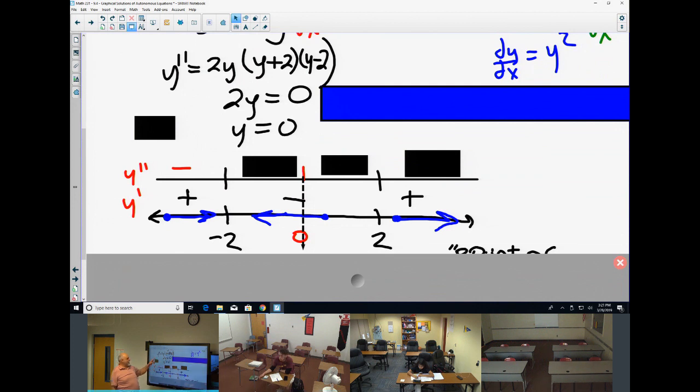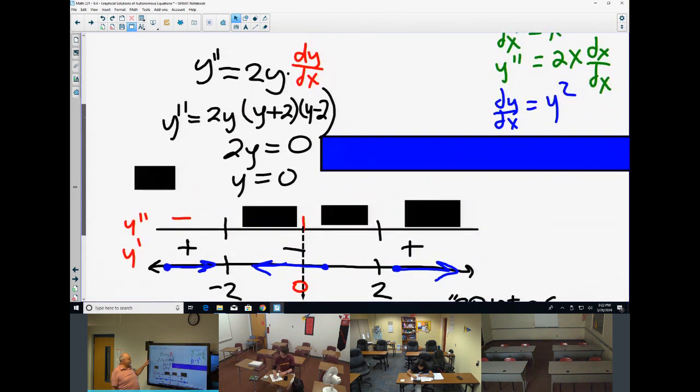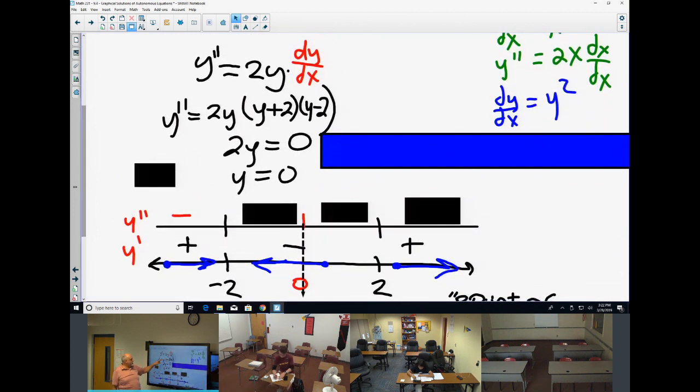All right, if you want to look at it where it's factored out, if you plug in -5, 2 times -5 is negative, -5 plus 2 is negative, -5 minus 2 is negative. So a negative times a negative times a negative is going to be negative. That makes sense?